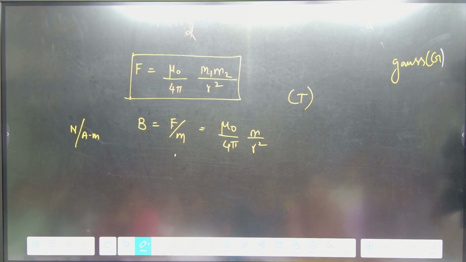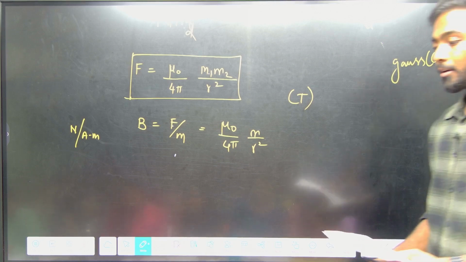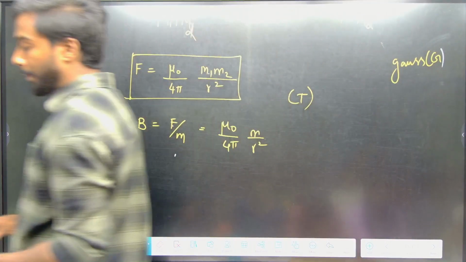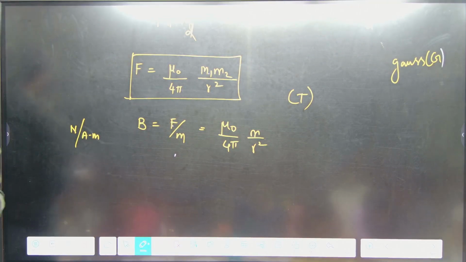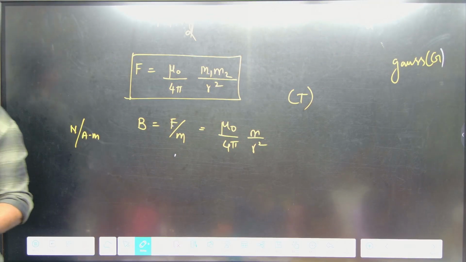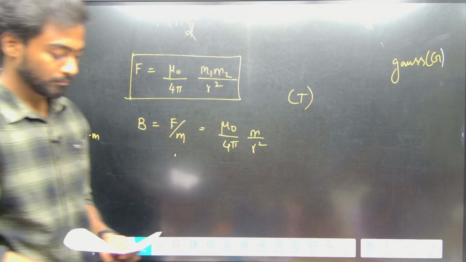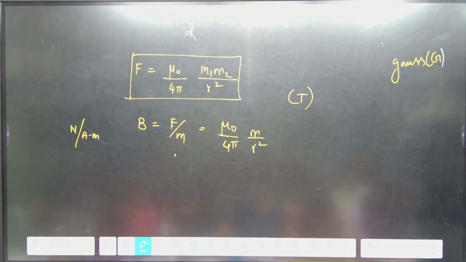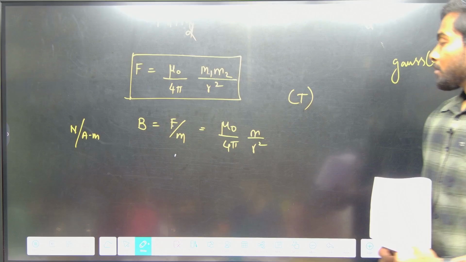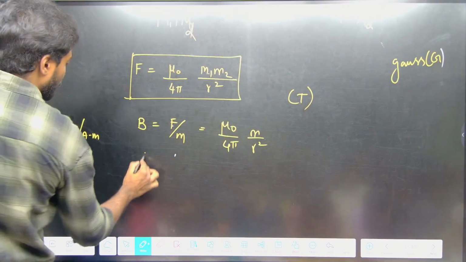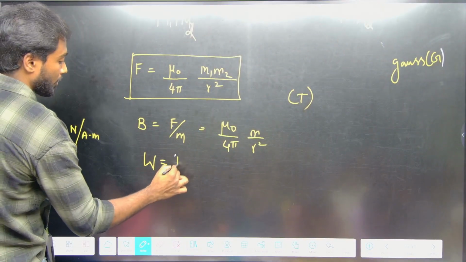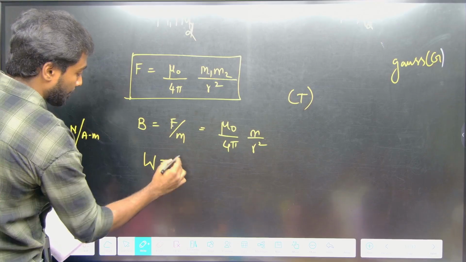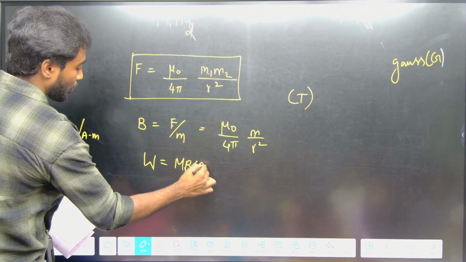Right now, work done in rotating a bar magnet. So W will be equal to mB cos theta.